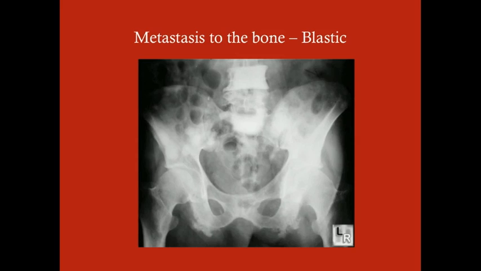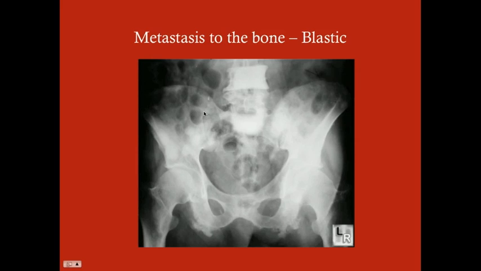Now, metastases to the bone come in two different types, blastic and lytic. And usually we see blastic metastases in prostate cancer, and prostate cancer is the #1 cause of metastasis to the bone. And so usually looking at the hip is a good place to look for metastases of the bone.